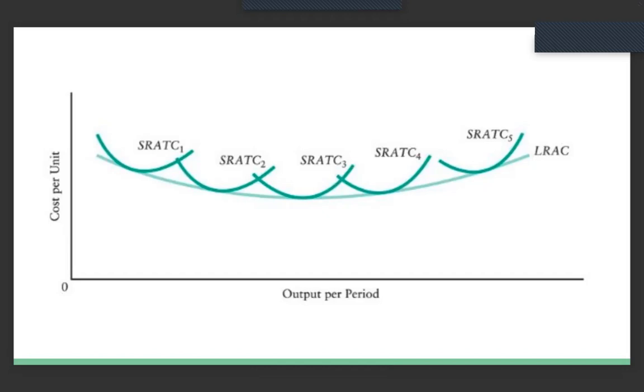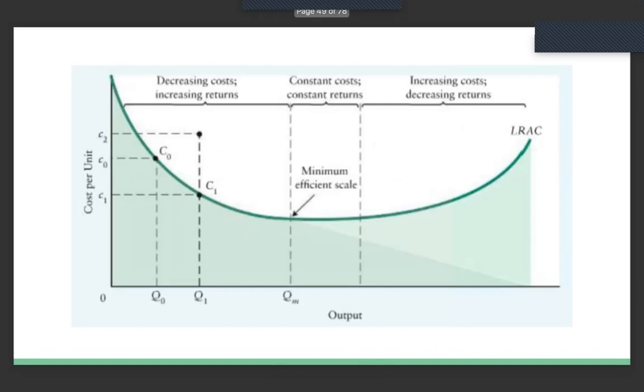So you look at the 10 different short run periods within that long run. And then for each of these short run periods, you have a short run average total cost curve. Now, the minimum point of that short run curve for each of these 10 years, if we take that and join them, that's how we get the long run average cost curve. And the idea is again the same, that you always achieve the minimum cost because you can optimize the quantity of both input factors, because both input factors are variable.